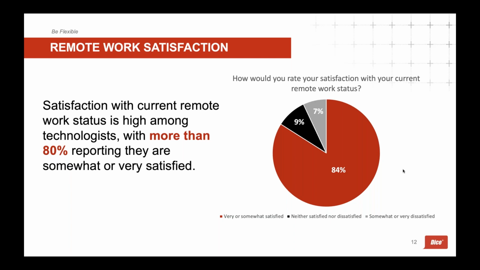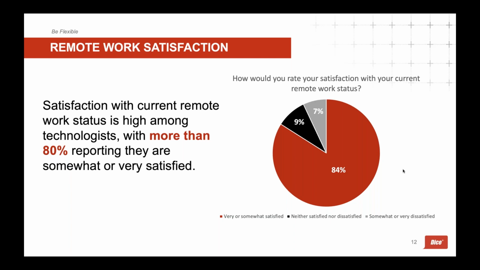From our sentiment surveys, we learned that more than 80% of technologists indicate satisfaction with their current remote work status. Digging deeper, we asked technologists about their preferences and expectations around how many days they will work remotely when COVID-19 is no longer a concern.